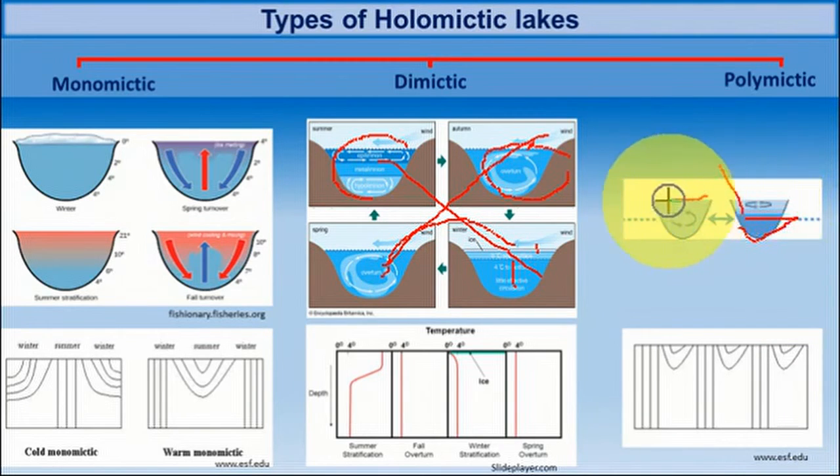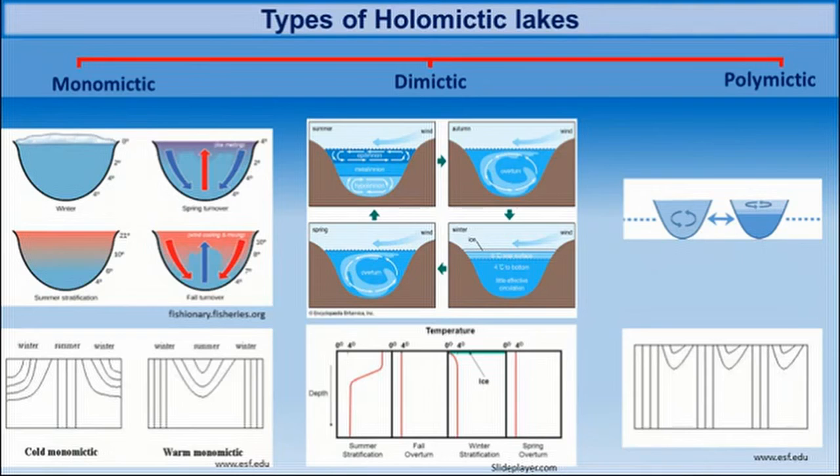This is what is called the polymictic lake. Here you can say this is a monomictic lake, where one layer is there where the water mixes up. But in a polymictic lake, one layer of water may be fixed, and the rest of the layers are mixing with each other. So this is called a polymictic lake.